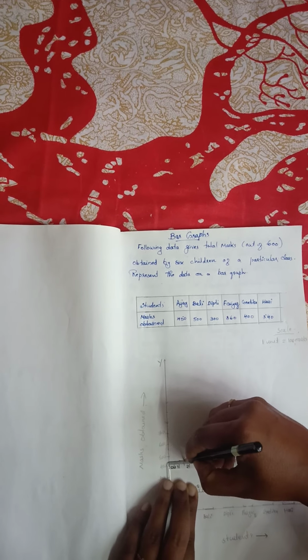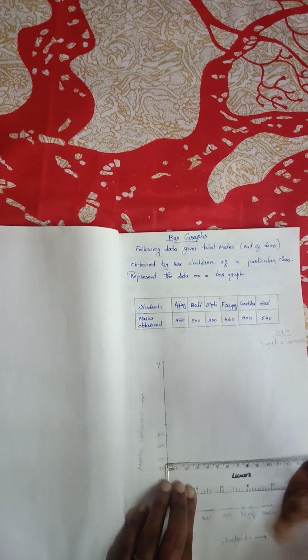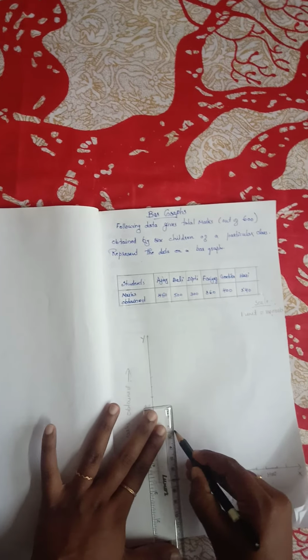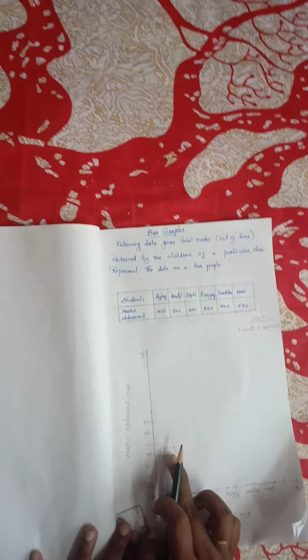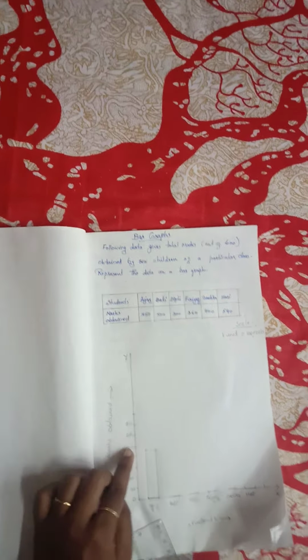Joining these two points gives the bar for Ajay. This represents 450.